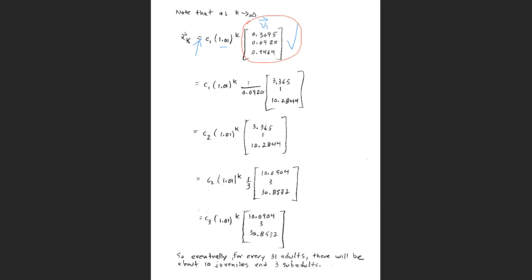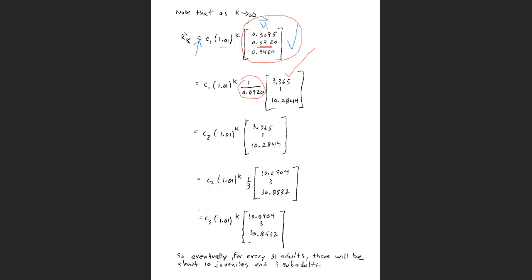So what I do is I take the smallest number and factor out 1 over that smallest number. Then I get this vector here with entries 3.3651 and 10.2844.